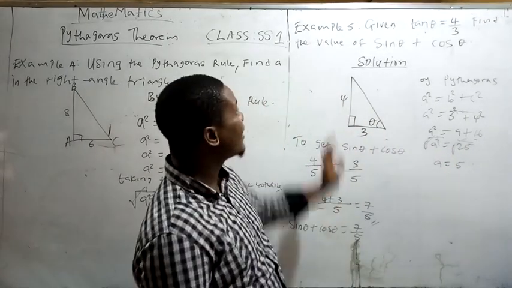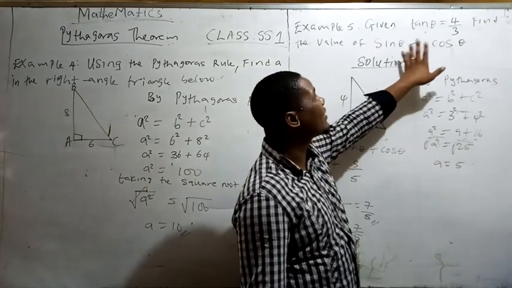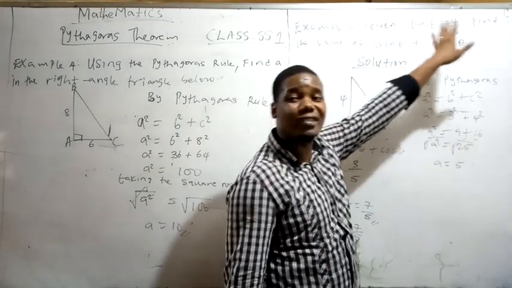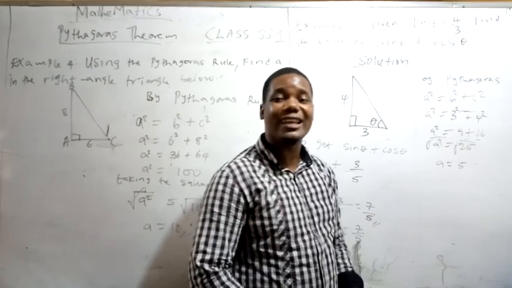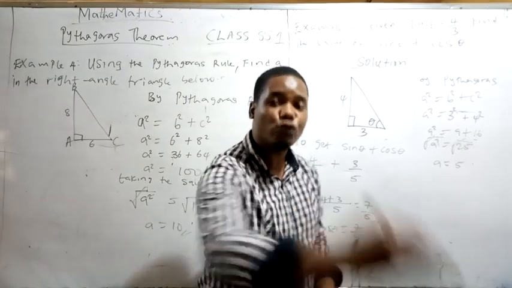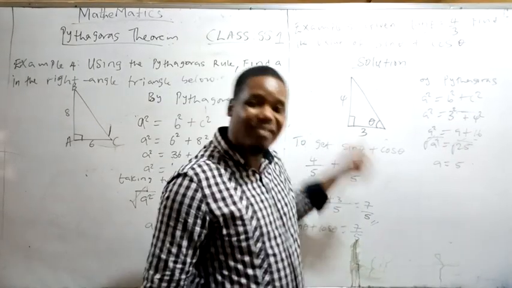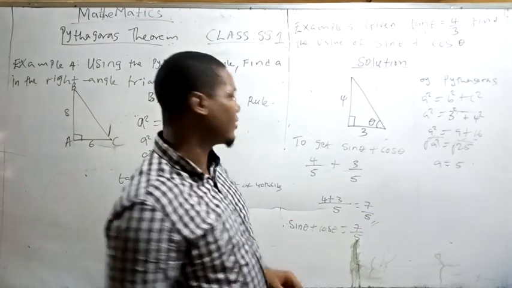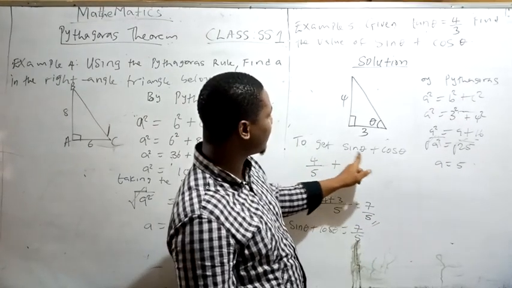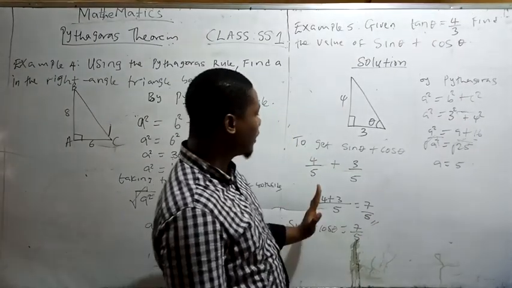The question says, find the value of sine theta plus cos theta. And this A is just a stepping stone. It's just a way forward that will enable us get the real answer to the question we are asked. Now, to get sine theta plus cos theta, you bring it down.